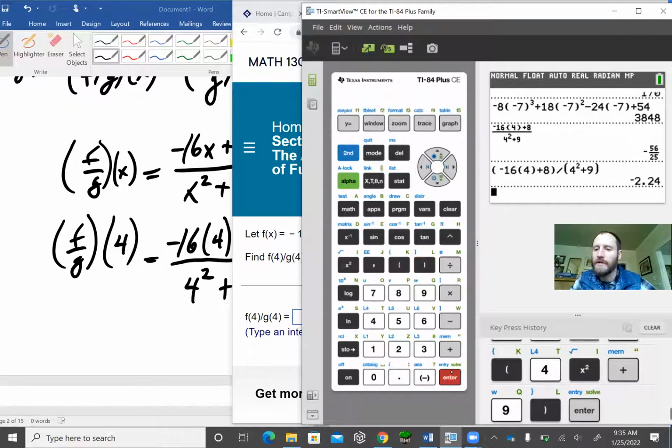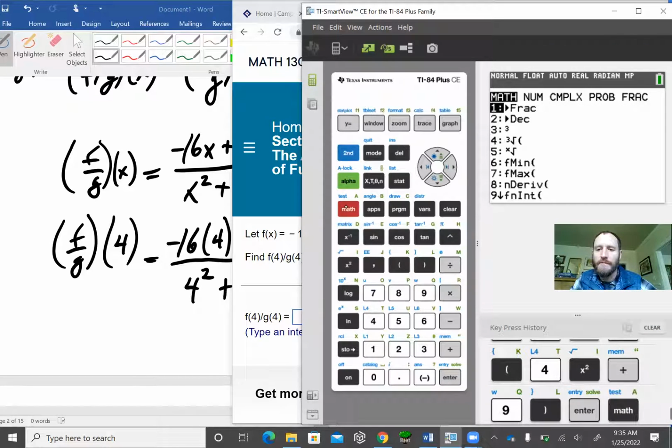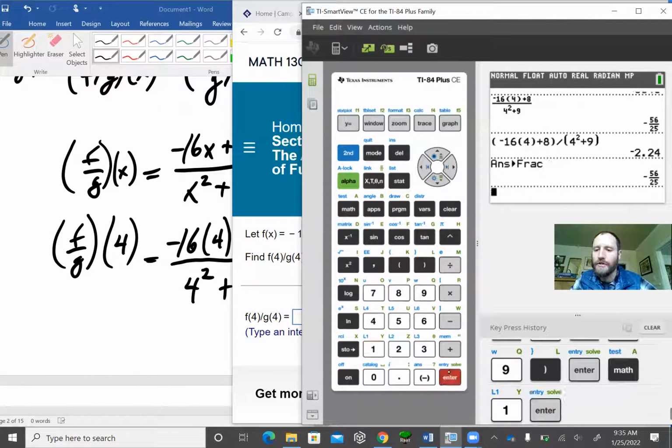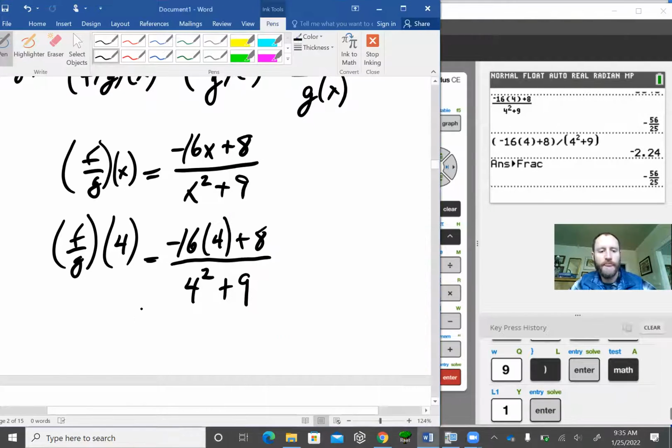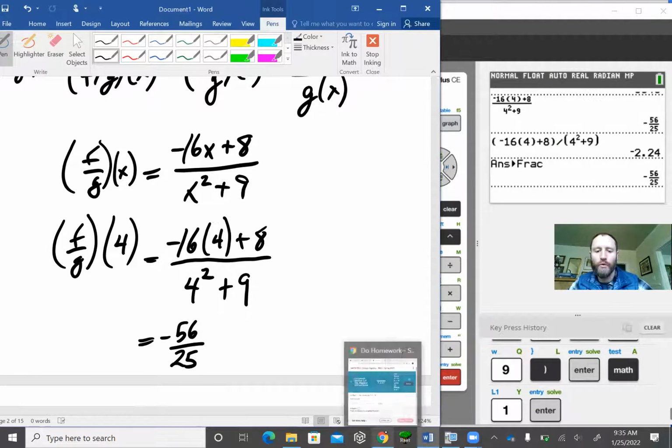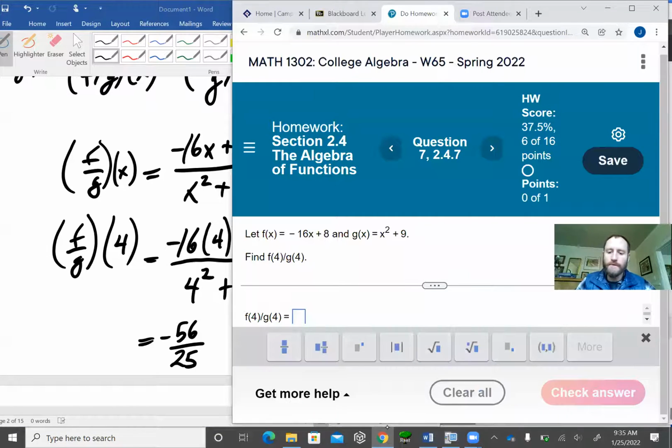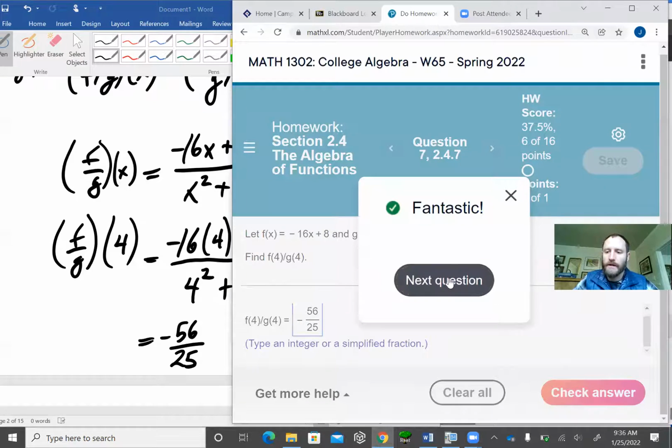Okay, and now this is going to give you a decimal, and then you'll have to say math fraction. Okay, and then it'll give you negative 56/25, or as we saw, it's about negative 2.24. So I type my negative, I get in that box there, negative 56/25. Check that. Okay, got it.